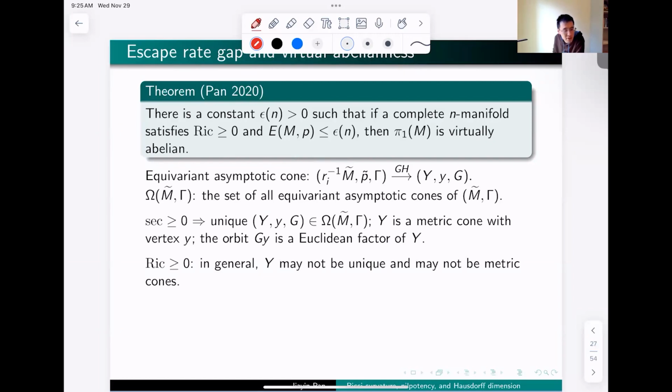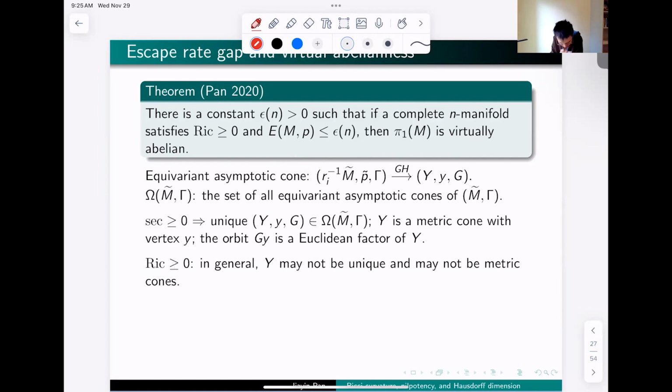If you have non-negative sectional curvature, then you do have uniqueness of these equivariant asymptotic cones. And in that case, this capital Y must be a metric cone with small y as the vertex. And moreover, the limit orbit Gy must be a Euclidean subfactor in your space.